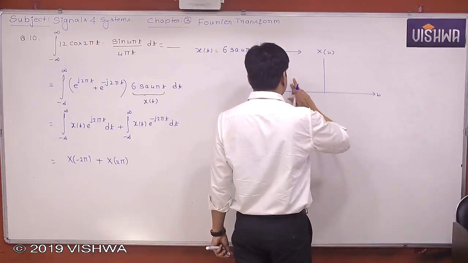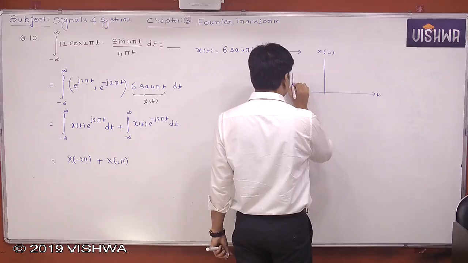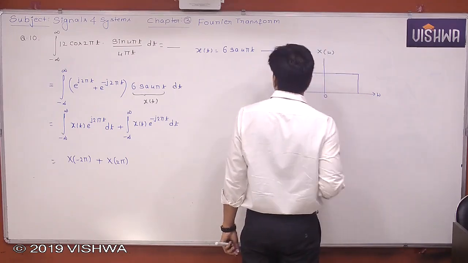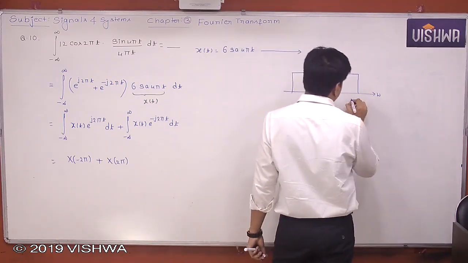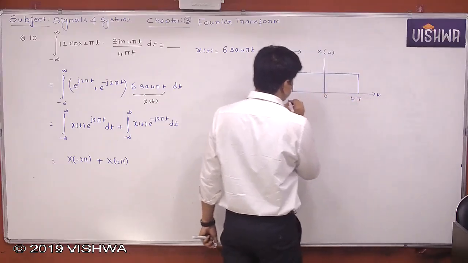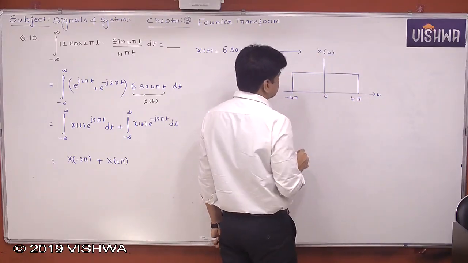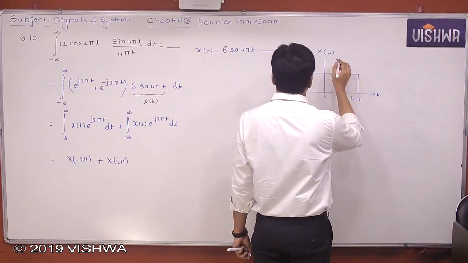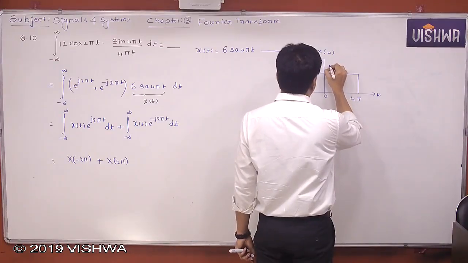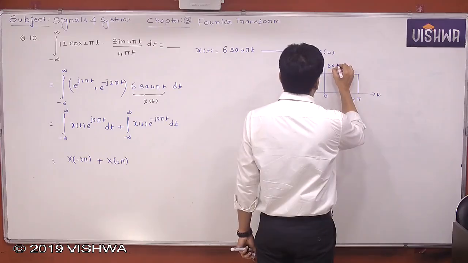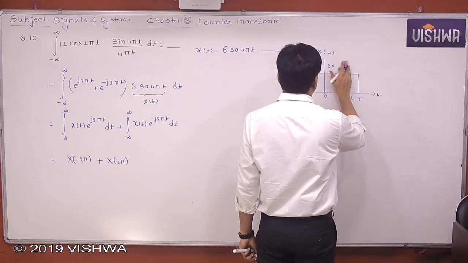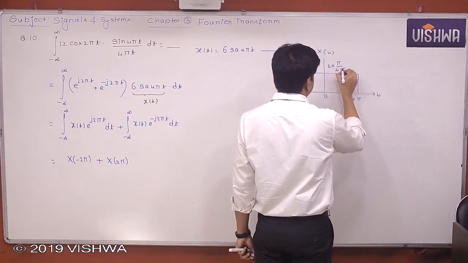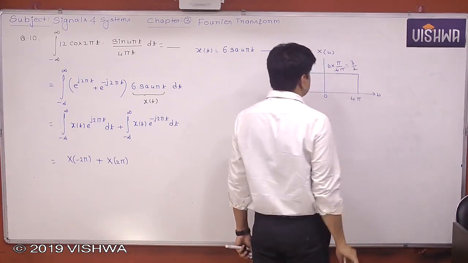It is a rectangular pulse from minus 4 pi to 4 pi. The height is pi by a times 6, which is pi by 4 pi times 6, so 3 by 2.